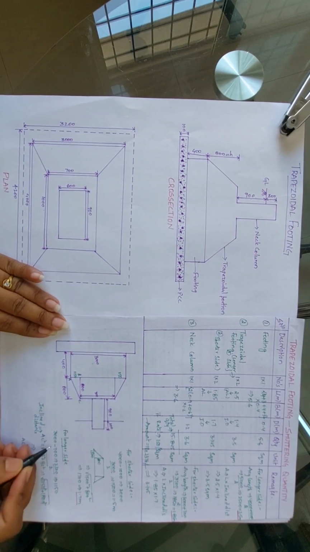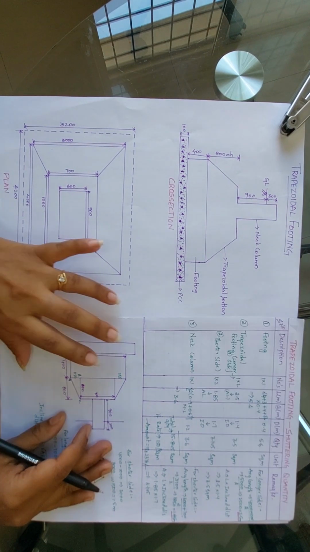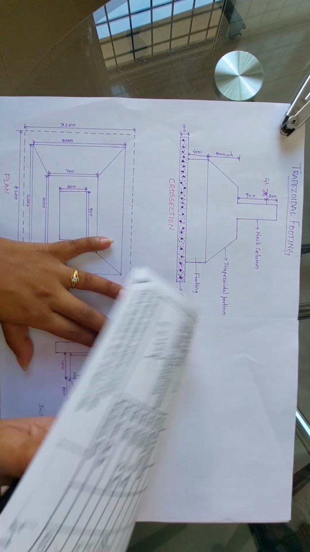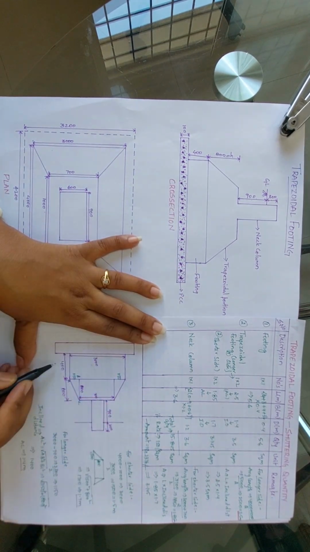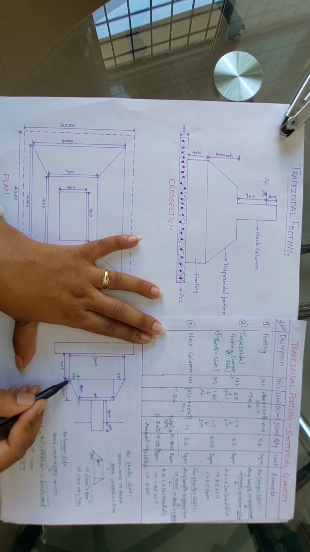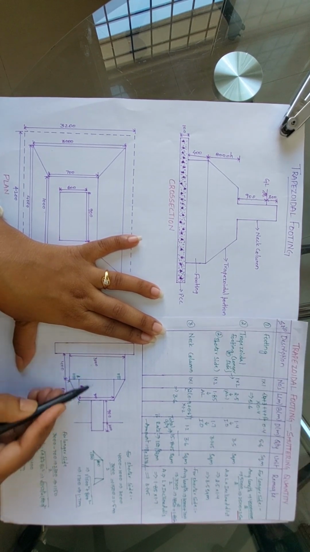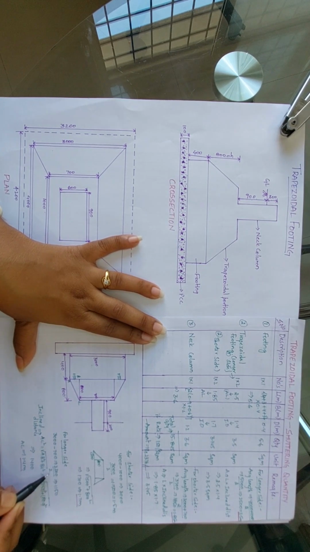So here you can see 3000 mm minus 700. Here you can see this is the cross section at yy, this is at xx. This is the cross section at yy. Here you can see this 3000 mm. So this portion we have to find. So 3000 minus 700, after doing that we will get 2300.